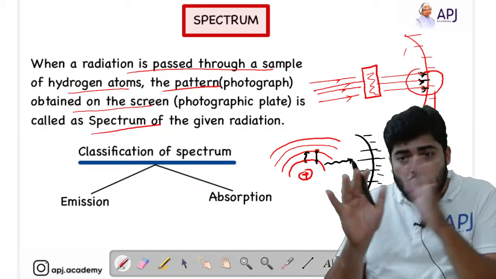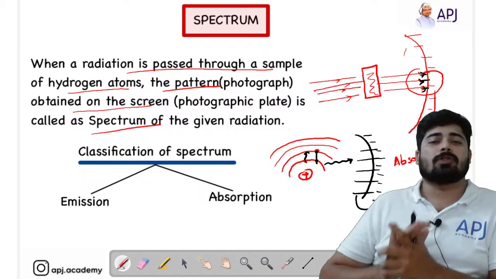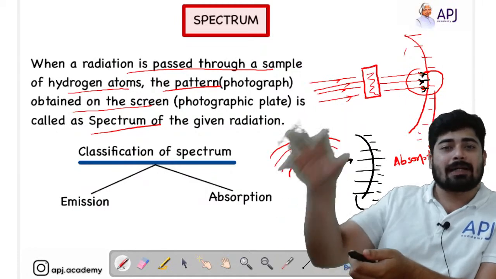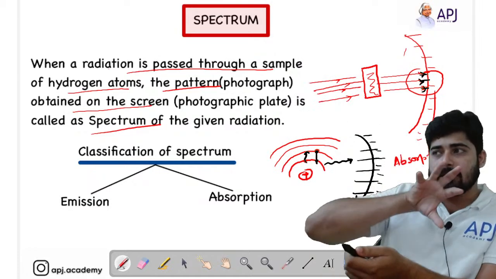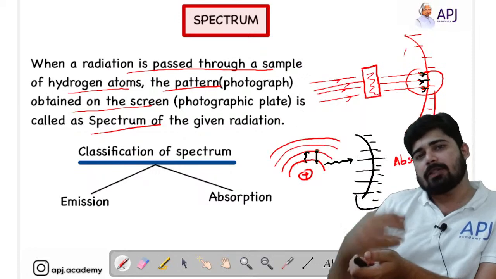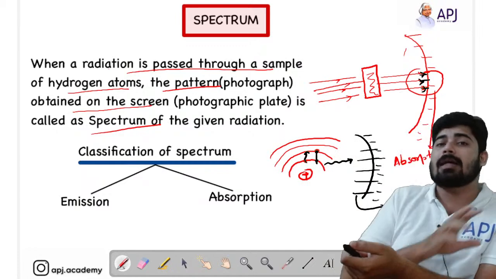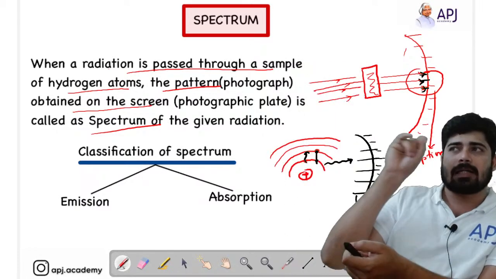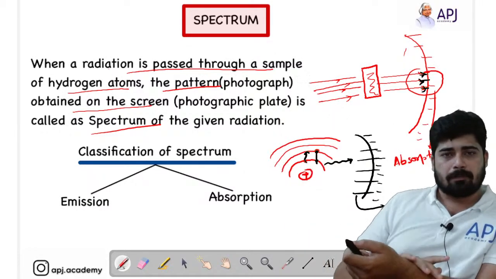So we have two types of spectrum: one is the emission spectrum, the other is the absorption spectrum. The absorption spectrum is the spectrum obtained after the absorption of energy. When you pass a certain amount of radiation through a hydrogen sample, it absorbs some energy and does not absorb some, and the radiations which are not absorbed are trapped by a photographic plate and we obtain a pattern, called the absorption spectrum.